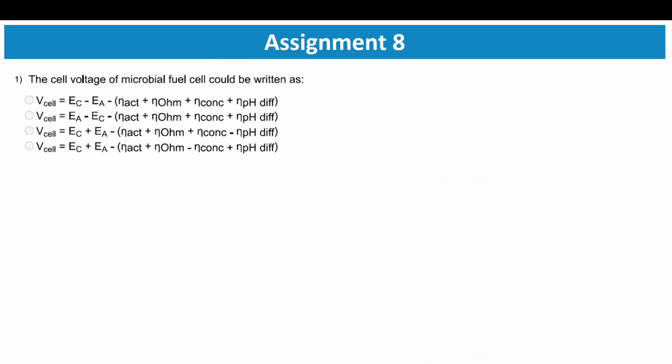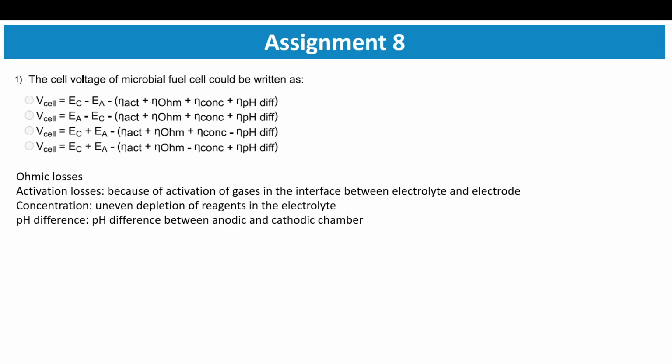So the cell voltage of microbial fuel cell could be written as dash. A. Yeah, so A is the correct answer here. And if you ask what each of these terms are, I have given them to you.